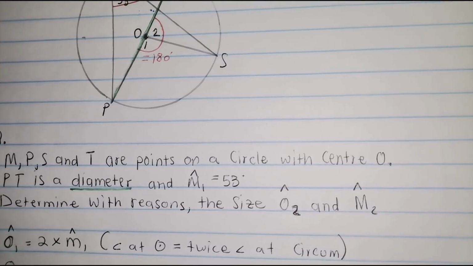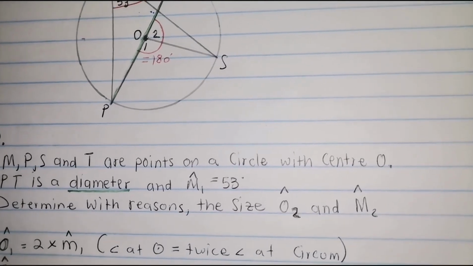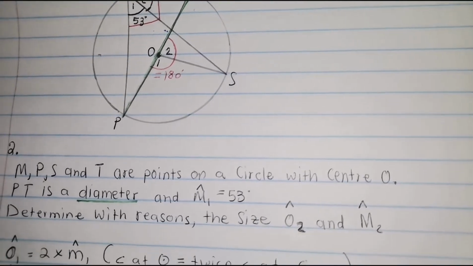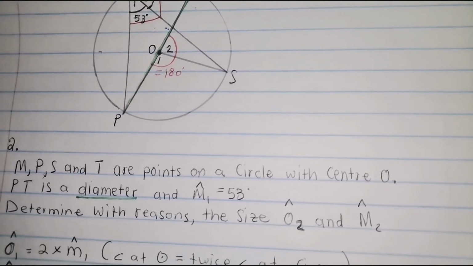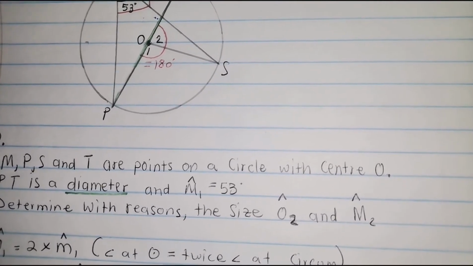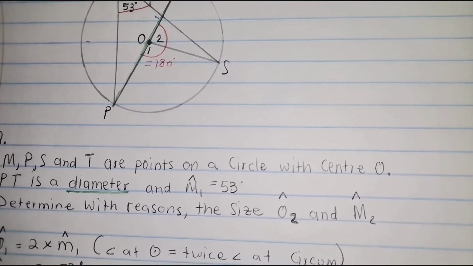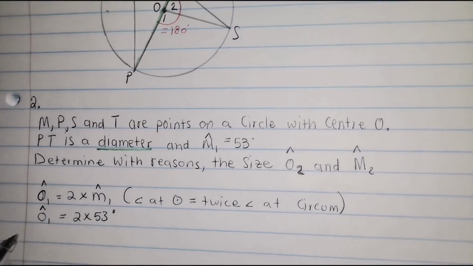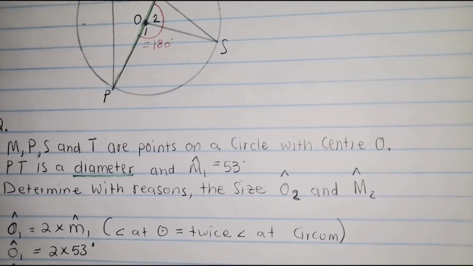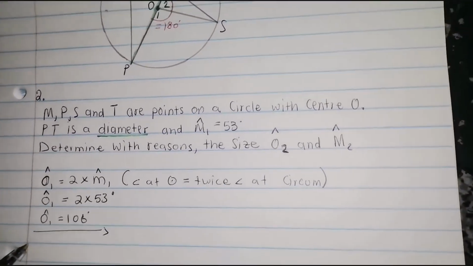It is unknown for now. O1 is equal to 2 times M1, 2 times 53 degrees, which is 106, guys. Then O1 is equal to 106. Then you're done with finding the value of O1.